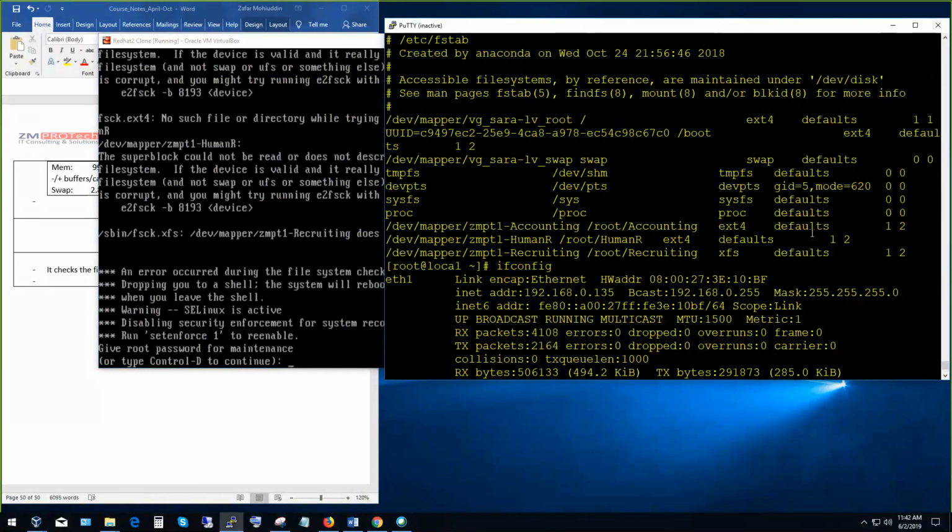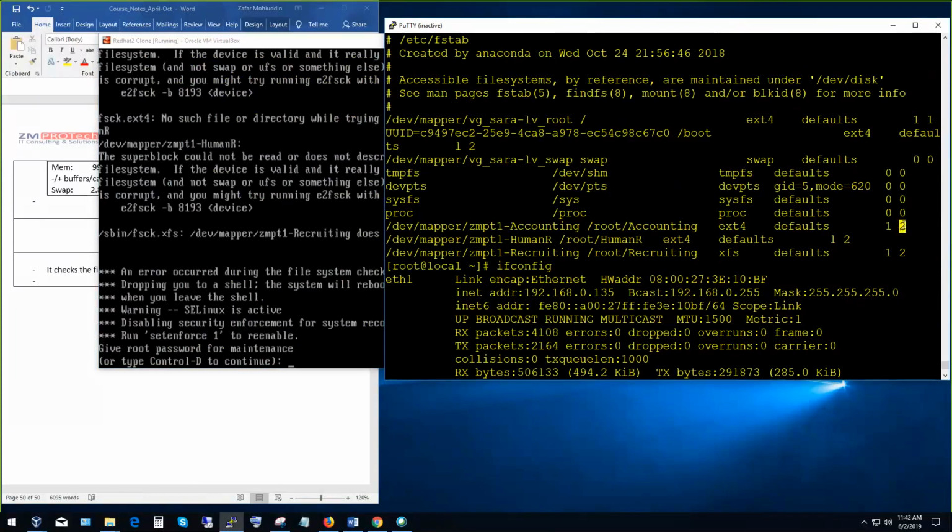Okay, so let's take a look here. Over here, it says the priority. If we would have put in 0 0 here, the first 0 is the dump field, and then the 2 here is the priority of the file system check. So we could have 1, 2, 3, and so on.